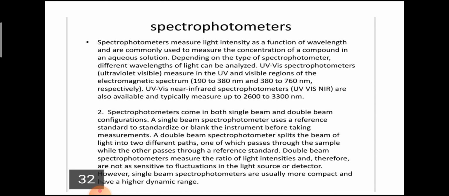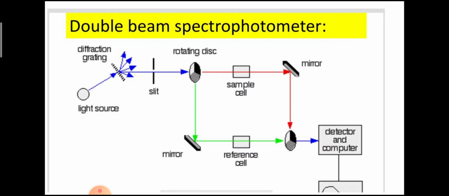Double beam spectrophotometers measure the ratio of light intensities and therefore are not as sensitive to fluctuations in the light source or detector. However, single beam spectrophotometers are usually more compact and have a higher dynamic range.